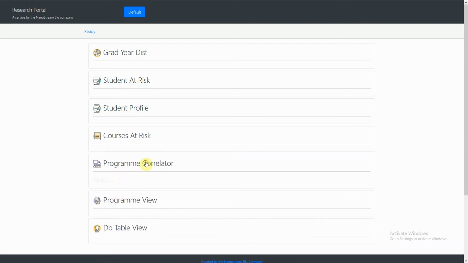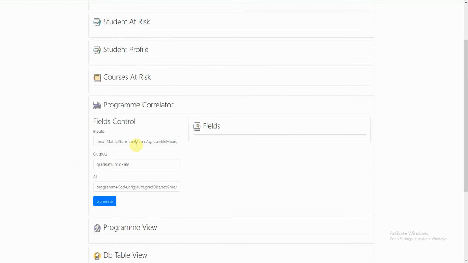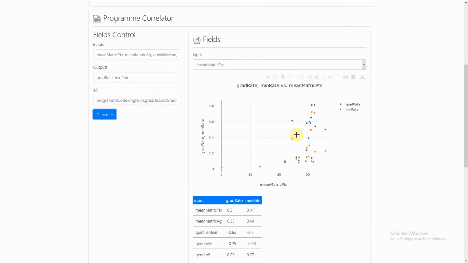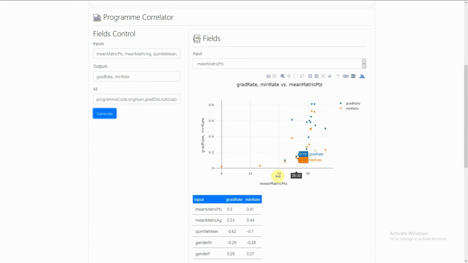A more useful view is to try to correlate those biographical variables with the performance data. So here we are showing, for example, mean matric points plotted against the graduation rate and the fraction of students that complete in minimum time. And we can see here that there is some kind of positive correlation between matric points and your graduation rate.